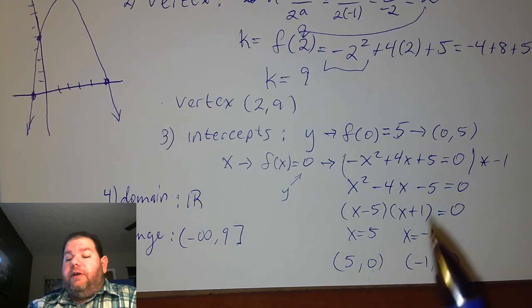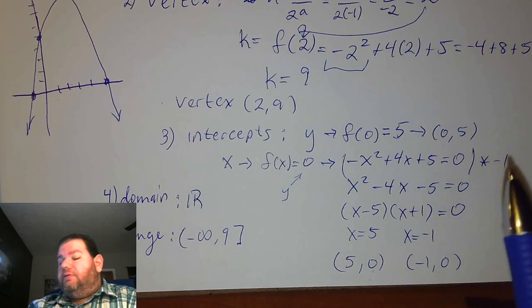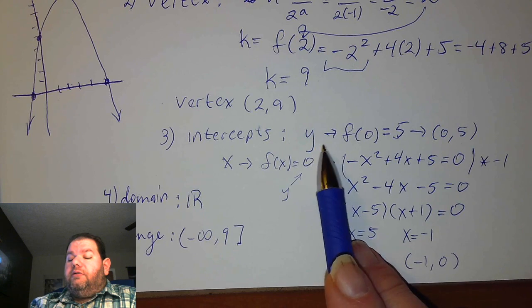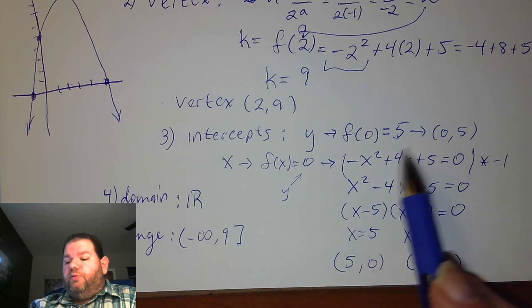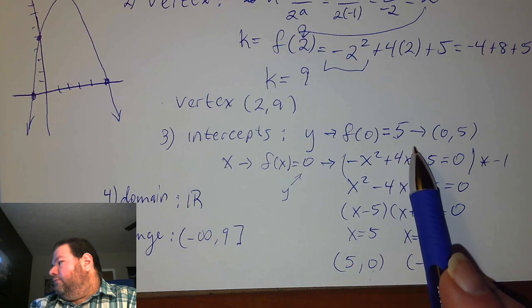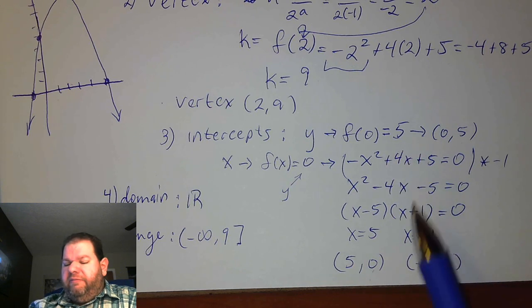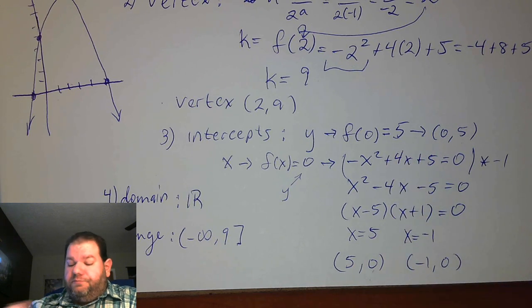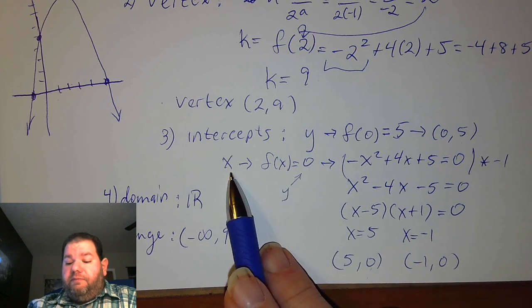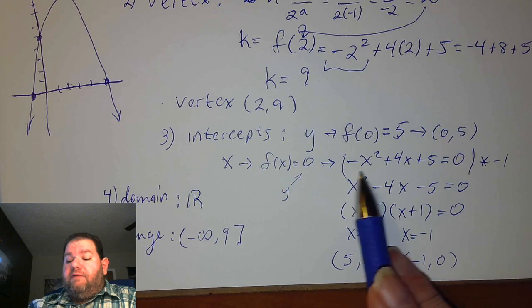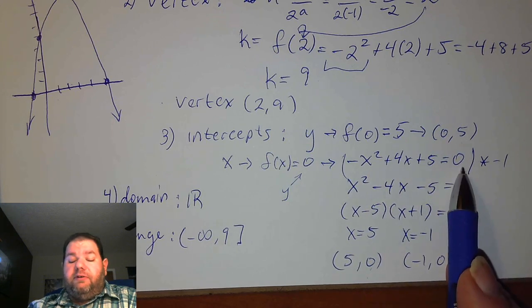Then we found the intercepts. Y-intercept is always f of 0, which is 5 in this case. And then for f of x equals 0, to find x, we set negative x squared plus 4x plus 5 equal to 0.